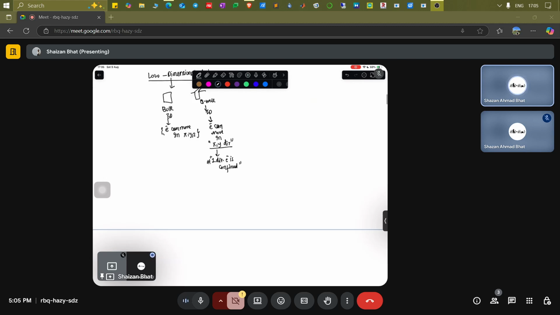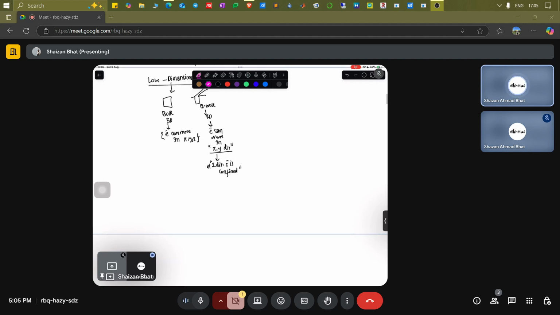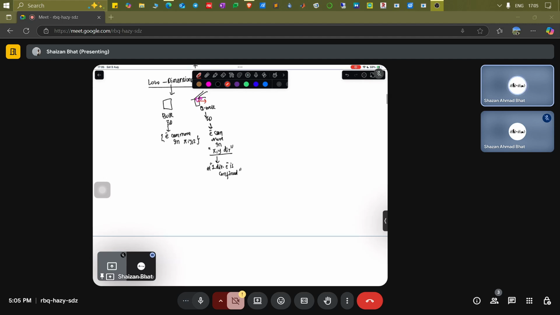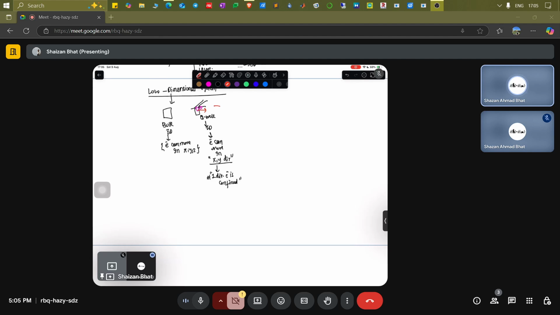So, motion in two directions. For example, the electron can go here, and here, but it cannot go in this red direction, which is the growth direction. To form a 2D well, you deposit different layers.